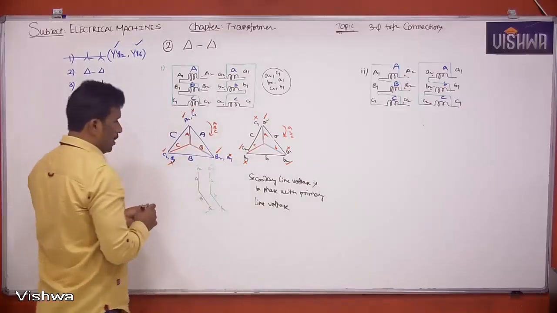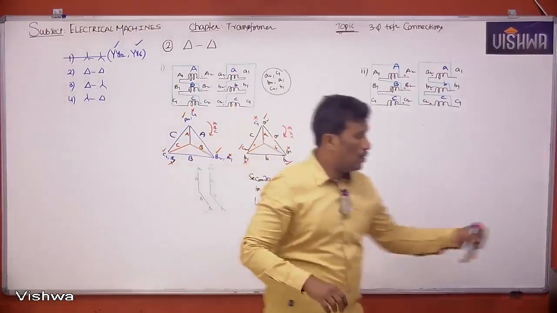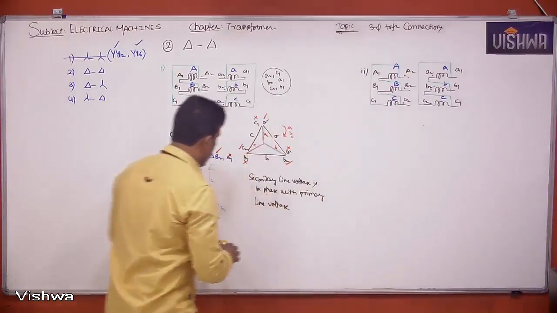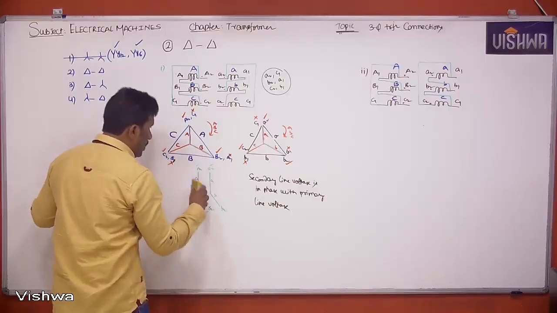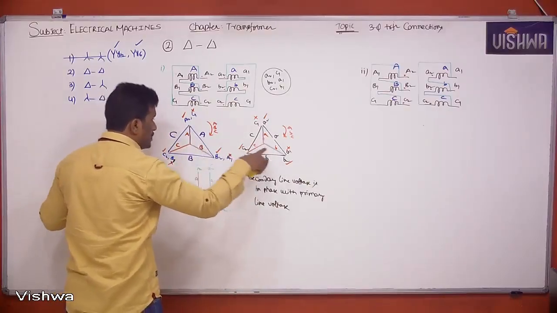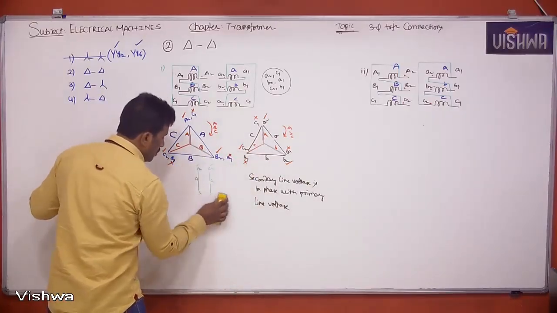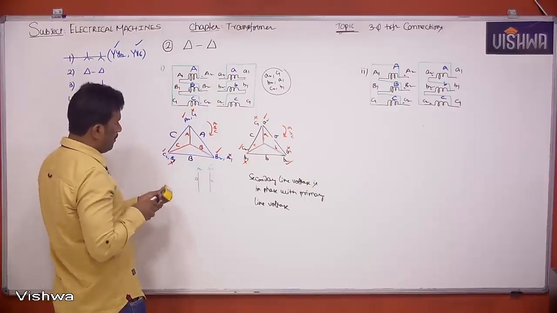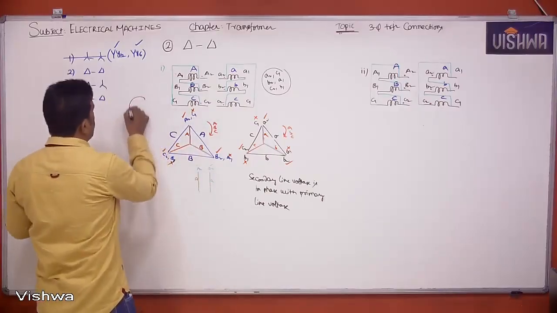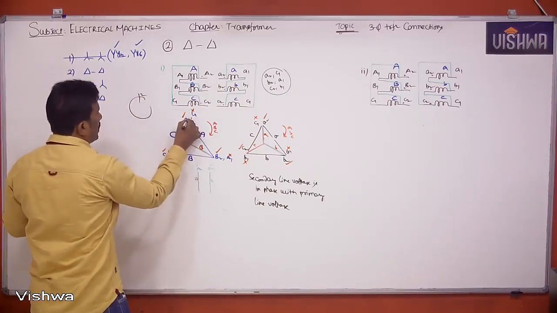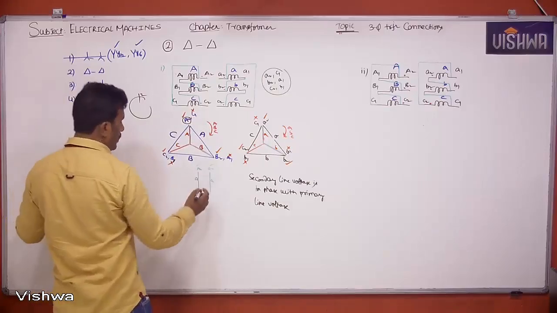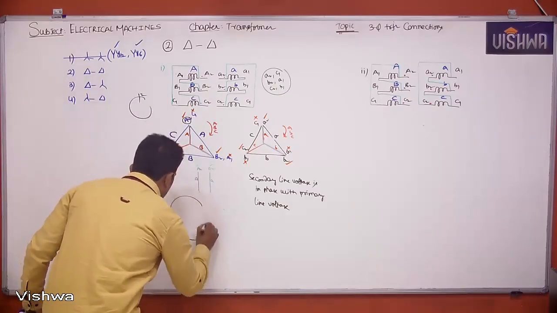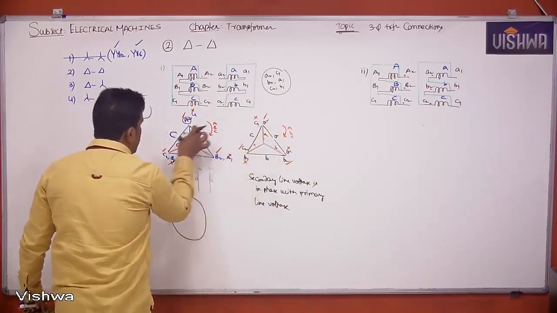Now I told you, for knowing the time, you have to compare small a with capital A only, not small b with capital B. Because I kept A2 vector wherever 2 o'clock is there, A is the reference for us. In a clock, this is small a, I just kept here.